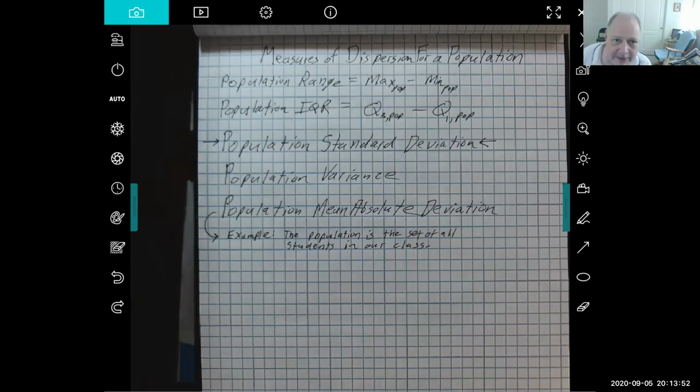Now, that's not really a good example of a population, because usually your population would have millions of people in it. But I'm just doing this so we can visualize it easily. Okay, and what I want to calculate is this measure of how spread out the data is. Let's see, we need a variable. So I'm going to use the height as the variable.